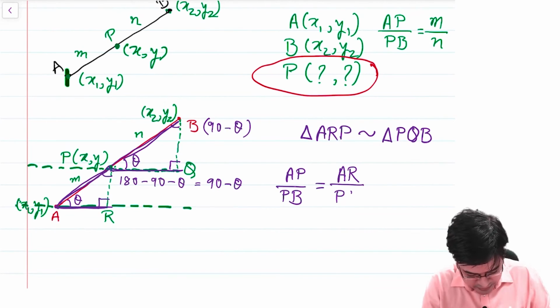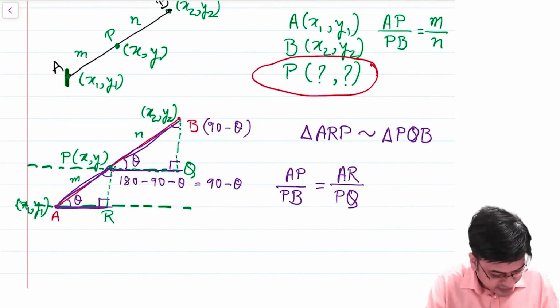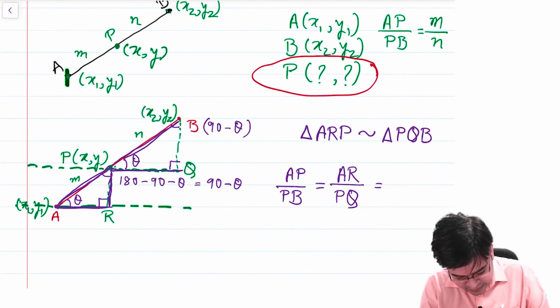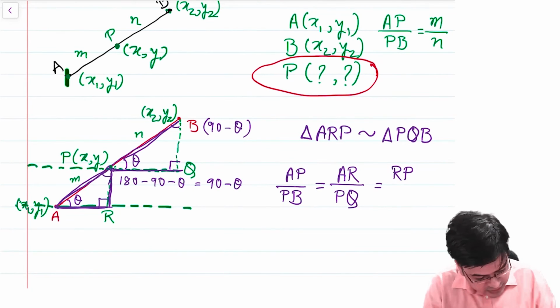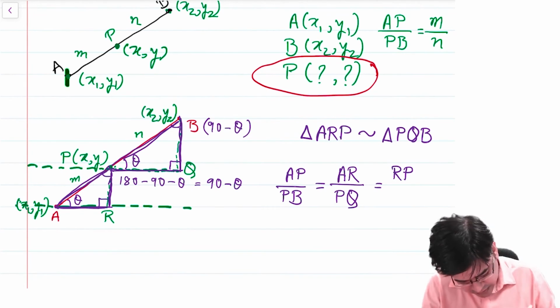And again the third side that is left is RP, or you can say PR, doesn't matter, RP to BQ.